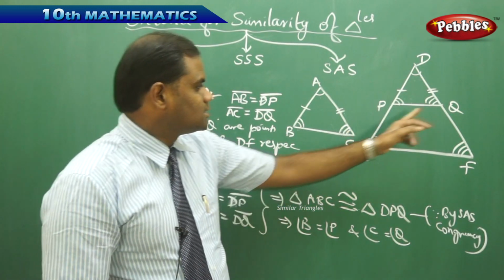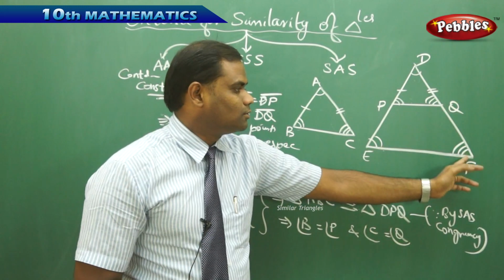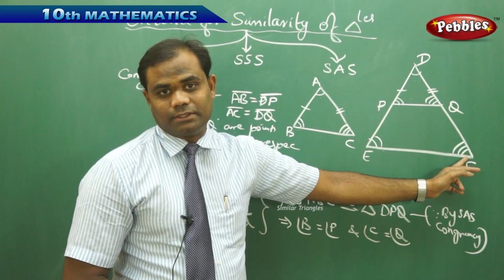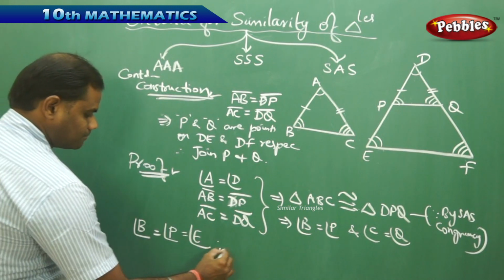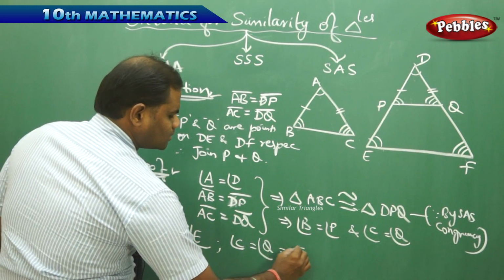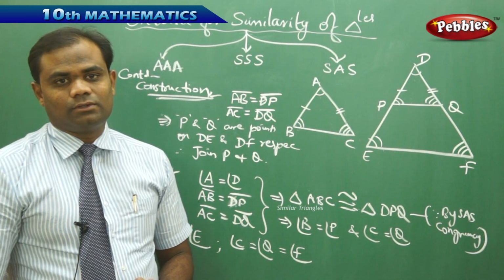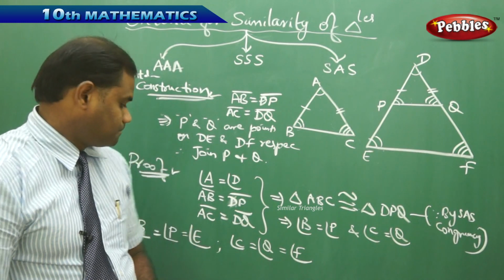Similarly, my angle C is equal to angle Q and my angle C is equal to angle F. Therefore, angle Q is equal to angle F by transitivity. Here my angle C, which is equal to angle Q, is equal to angle F, is what I get on the whole using the transitivity property.